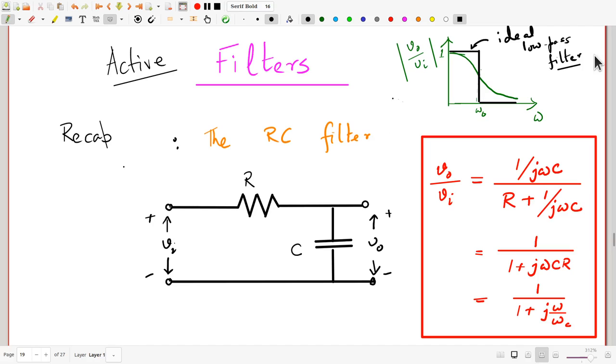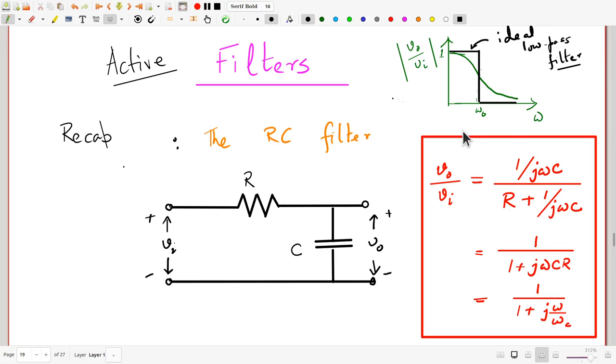I can't really go through all the possible active filters that are used using op-amps, so we are going to just describe a very simple kind of notion which was forwarded nearly 80 to 90 years ago, which still happens to be one of the most common ways of having improved filter behavior. And this is the notion of something called a Butterworth filter.